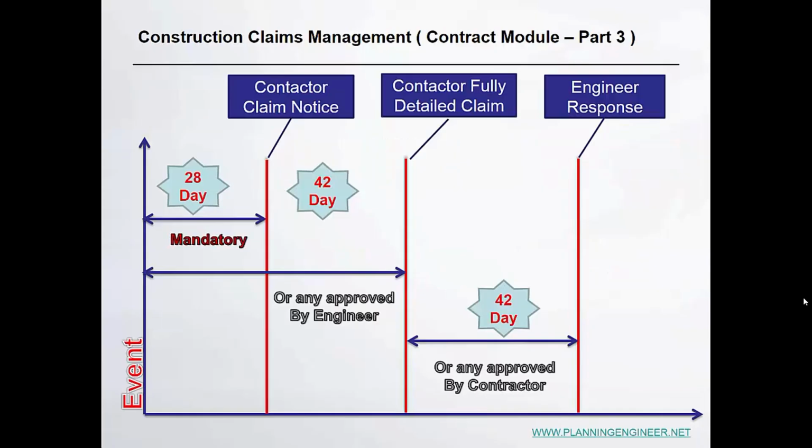This simple chart you may have seen in our previous lessons, but we want to recap on it: you have 28 days to submit a claim notice, and from the event date you have 42 days to submit a detailed claim.